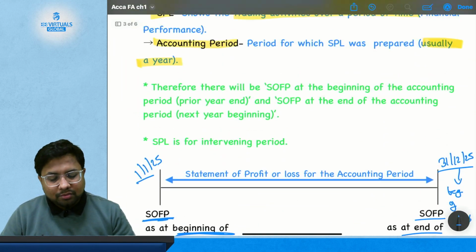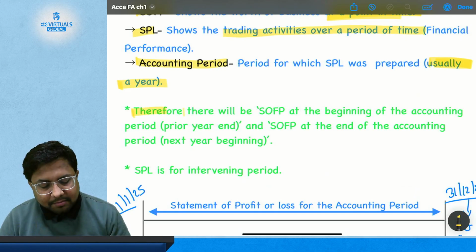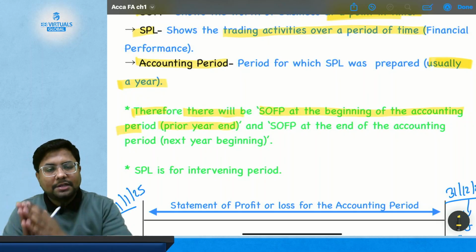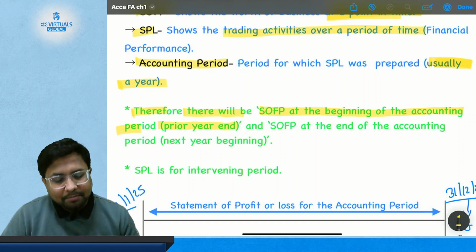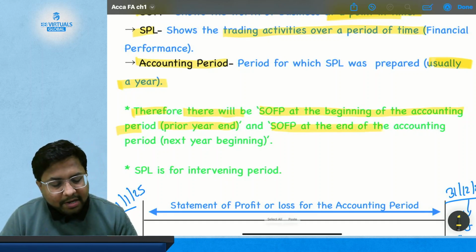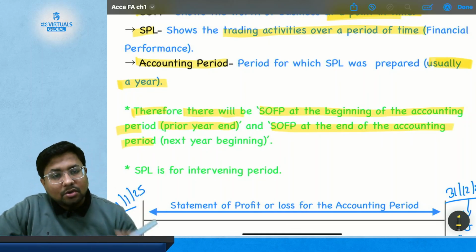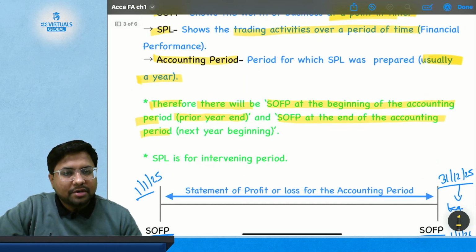Okay, now read this line. There will be an SOFP at the beginning of the accounting period, that is the prior year end. So whatever the SOFP at the prior year end is will be the same for the beginning of my accounting period, and the SOFP at the end of the accounting period will be the same as the next year's beginning statement of financial position.